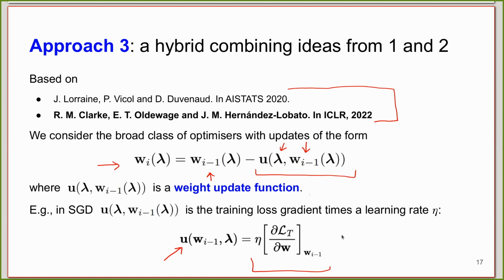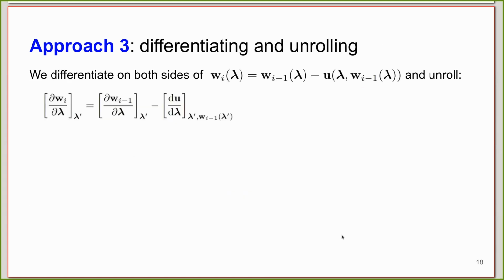Good. And now let's see what happens if we differentiate with respect to the hyperparameters. So we have the update here for the weights, and now we're going to differentiate with respect to the hyperparameters on the left and on the right. And let's see what happens.